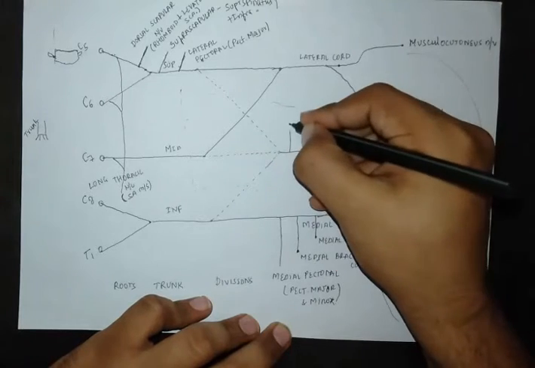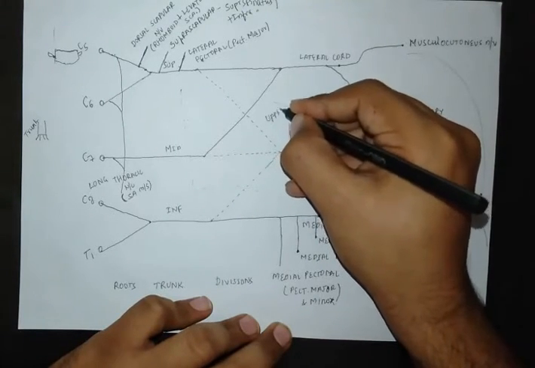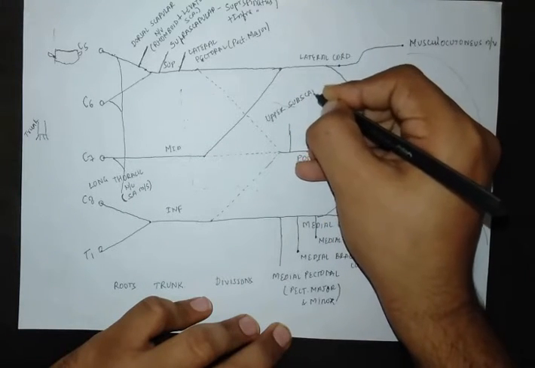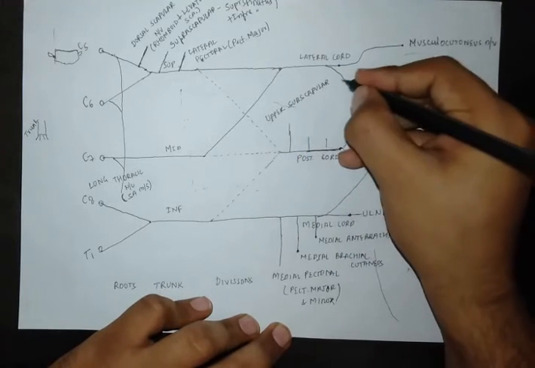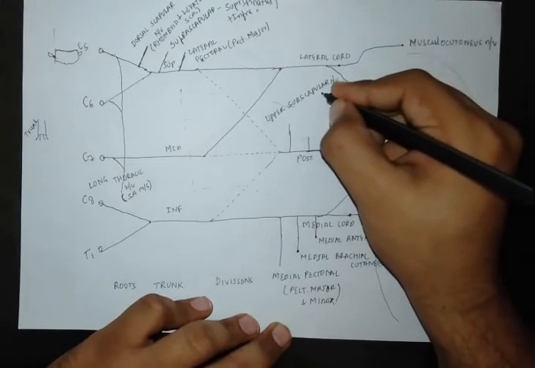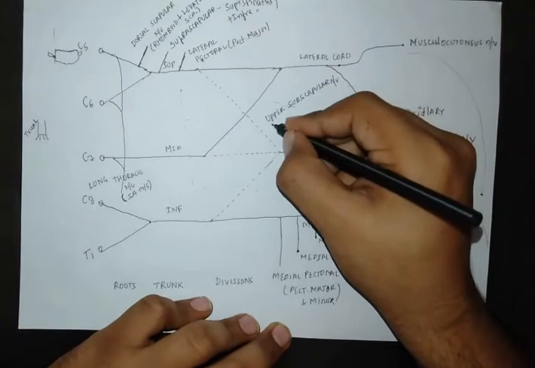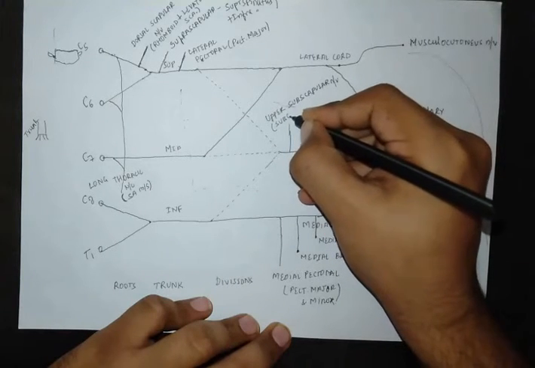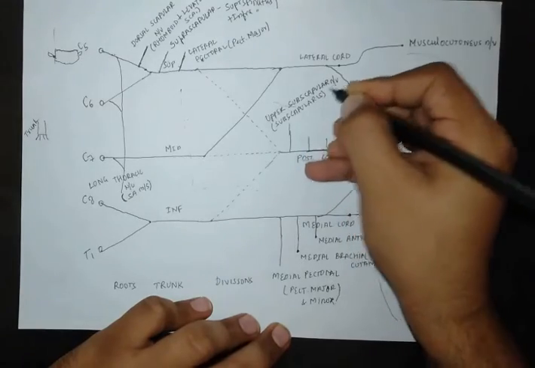So the first nerve it gives is the upper subscapular nerve, and what it supplies is the muscle in that region, the subscapularis. The major muscle.